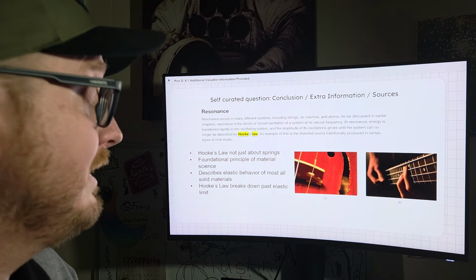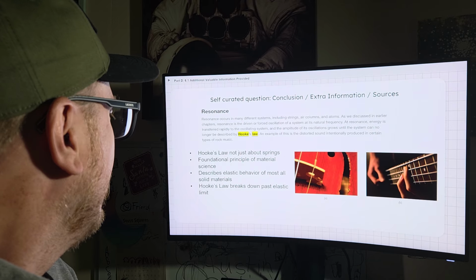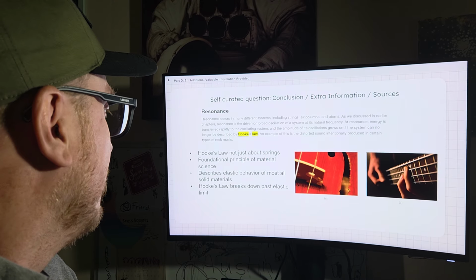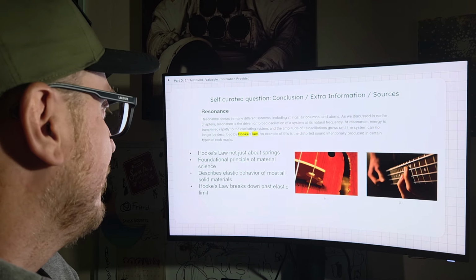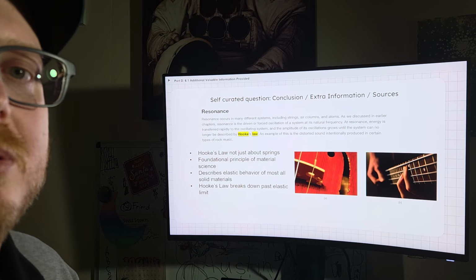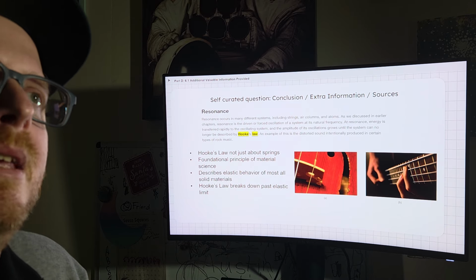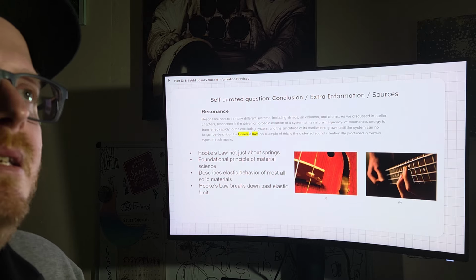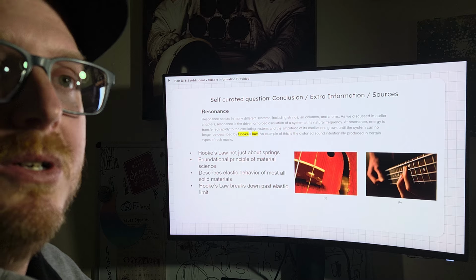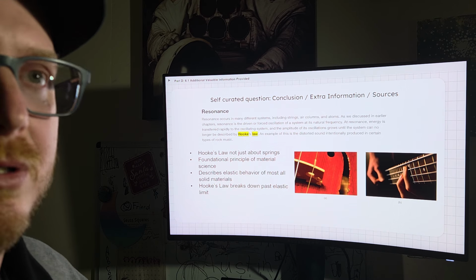cause great devastation. Of course, like we talked about before, Hooke's law describes the elastic behavior of most all solid materials until its breaking point, and then anything that's like rubber or polymer, that's a non-Hookean material.